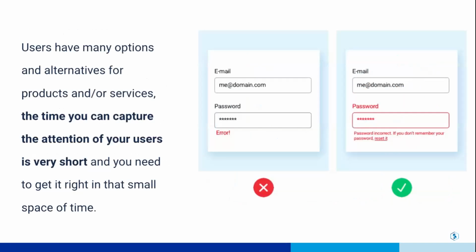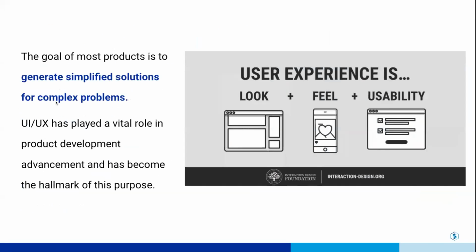So we know that users have many options and alternatives for products or services. The time you have to capture the attention of your user is very short, and you need to get it right in that small space of time. Considering today's technological advances, business priorities are likely to focus on improving customer experience and generating new forms of income.